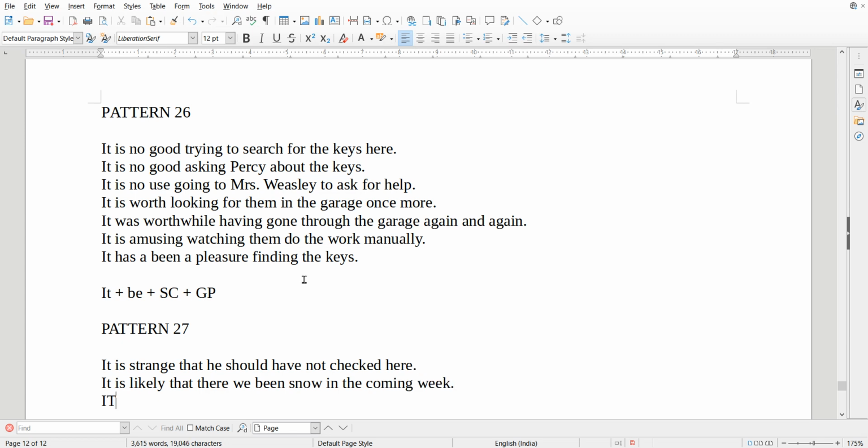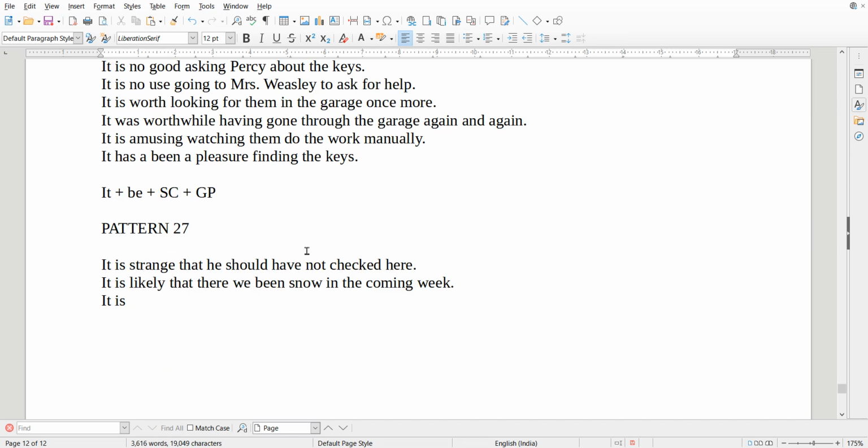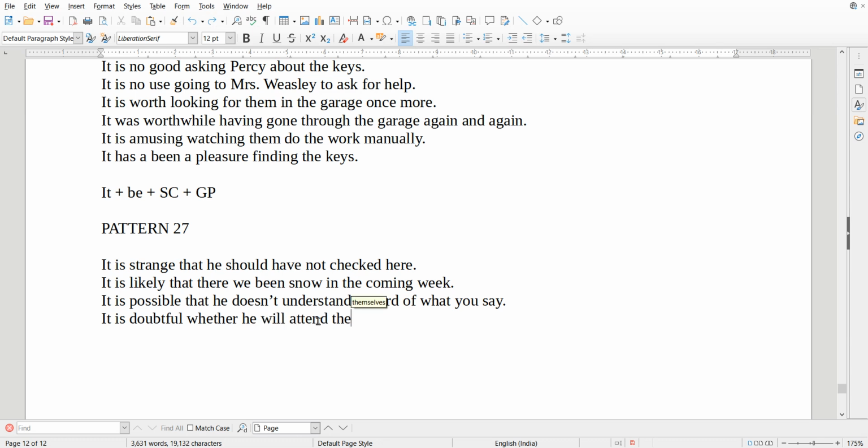It is possible that he doesn't understand a word of what you say. It is doubtful whether you will attend the event, for example.